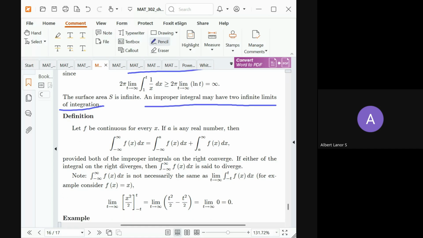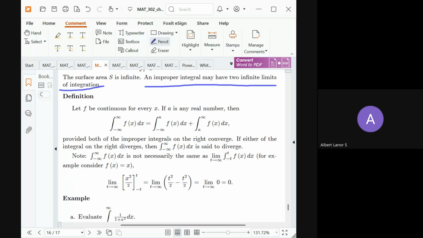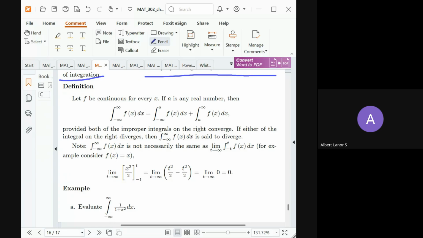Right, so finally, if you are integrating from minus infinity to infinity, then you must break it at a point, from minus infinity to a point A, then from A to infinity. Now, you see that the left side is going to minus infinity, so you must treat it as a case we have seen earlier.